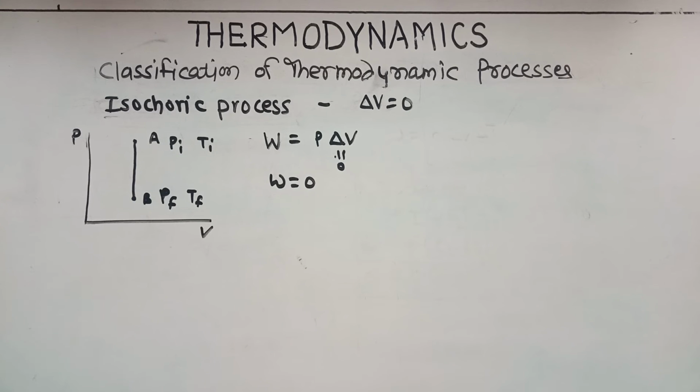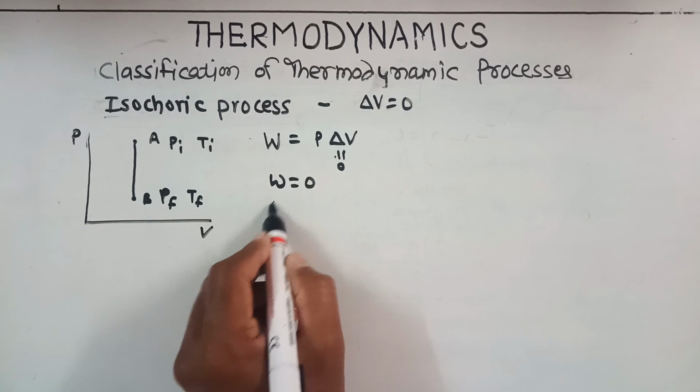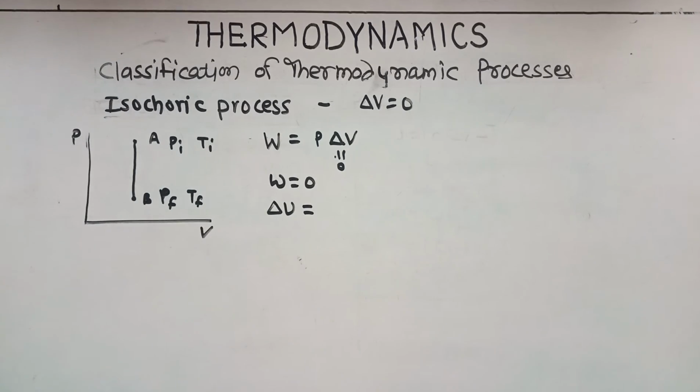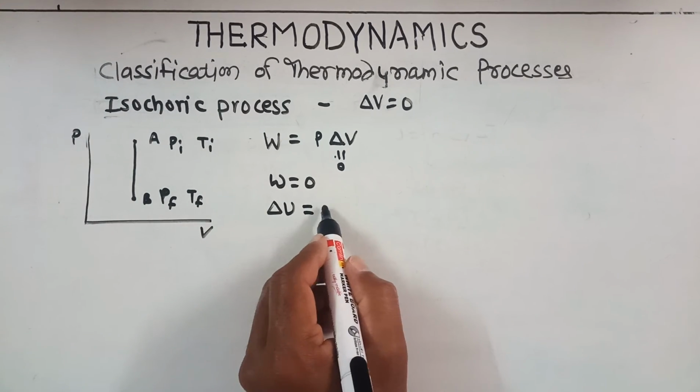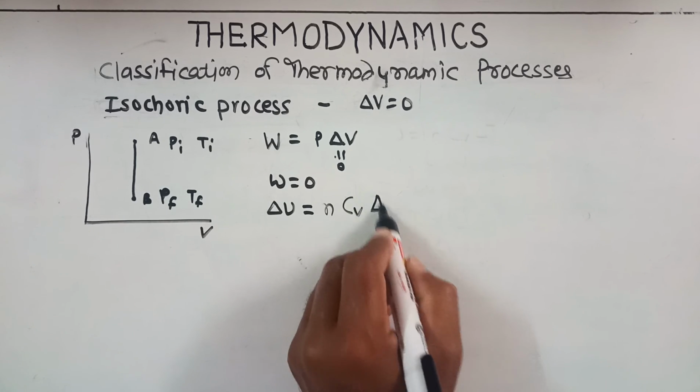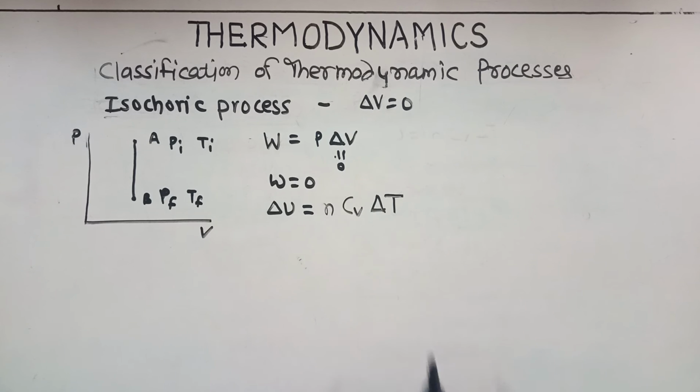When the gas is heated, the gas does not do any work on the piston. Then we find the change in internal energy. The change in internal energy is given by del U is equal to n Cv dT, where Cv is the specific heat at constant volume.